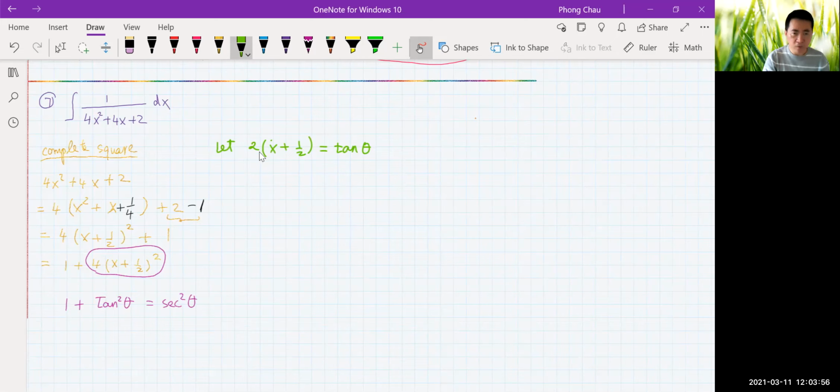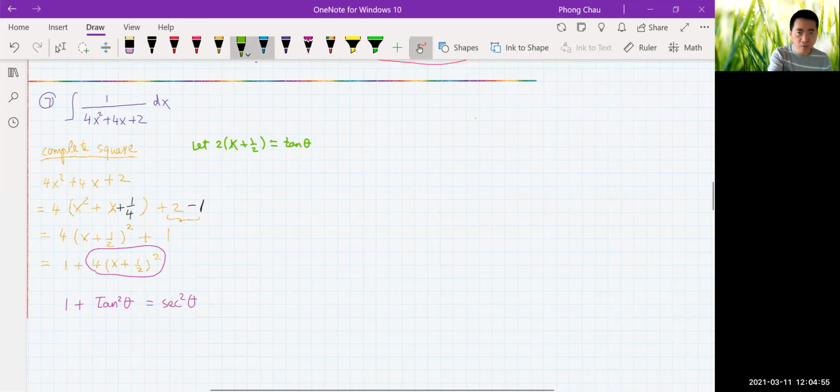Okay. Why? When you square this, you have 4 times x plus 1/2 squared equal tangent squared, right? Now you're solving for x. Actually, you need to solve for x, so if we solve for x, we can multiply first.